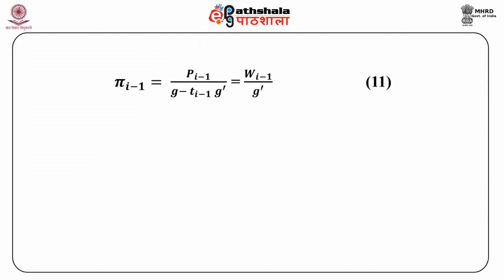Pi i minus 1 is equal to P i minus 1 upon G dash, which is equal to W i minus 1 upon G dash, equation 11.